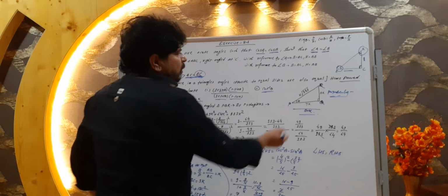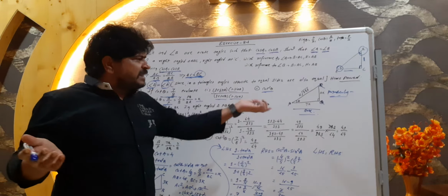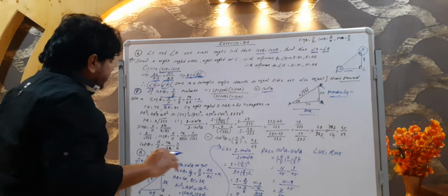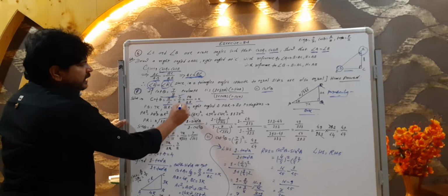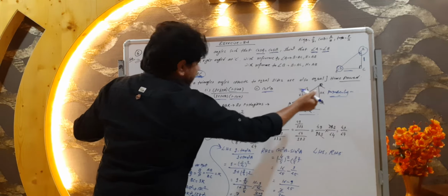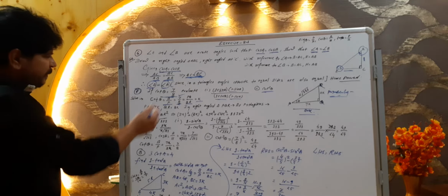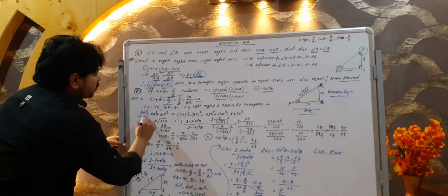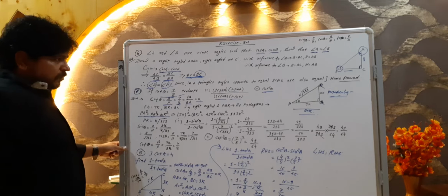Now we can find the hypotenuse PR with the help of the Pythagoras theorem. What we were doing previously, the same thing we have to apply here. We already have PQ is equal to 7k and QR is equal to 8k. In right angle triangle PQR, PR square is equal to PQ square plus QR square.